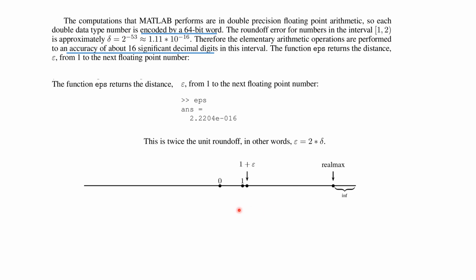Also, in MATLAB and any computer system, there'll be a maximum real number, and beyond that, there's just infinity. So this is somewhat different from the real numbers. Just bear in mind, this is not the real number system that we're working with. It's a finite number system which approximates the reals, and that can cause some startling errors.